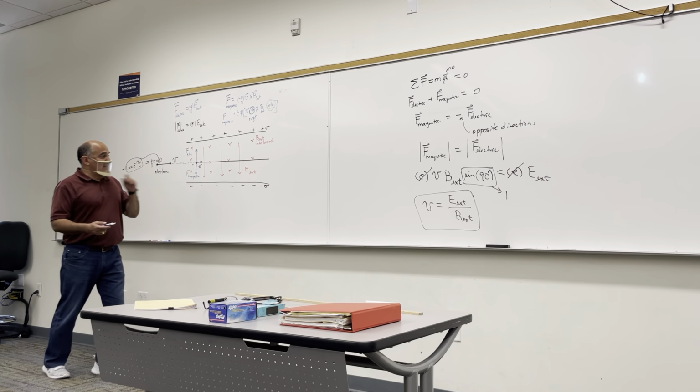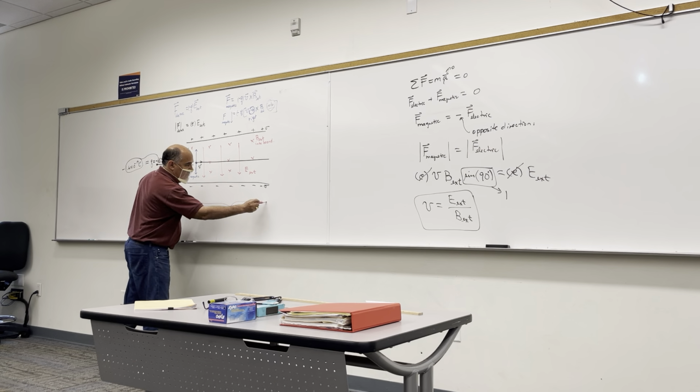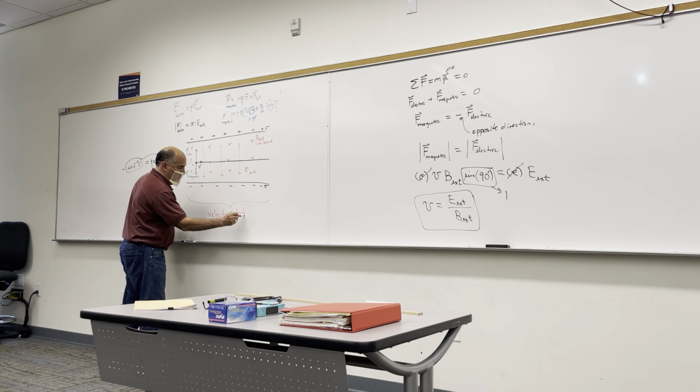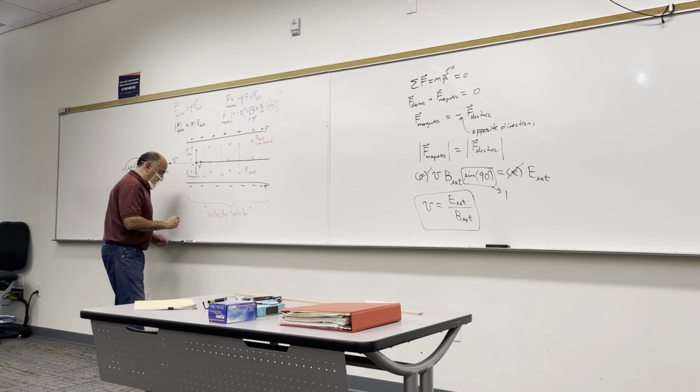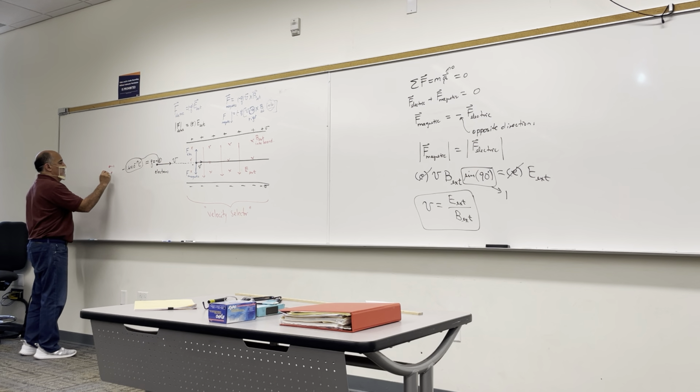What if, so this here is called a velocity selector. It is called a velocity selector because what happens if you have a whole bunch of charged particles coming in here?